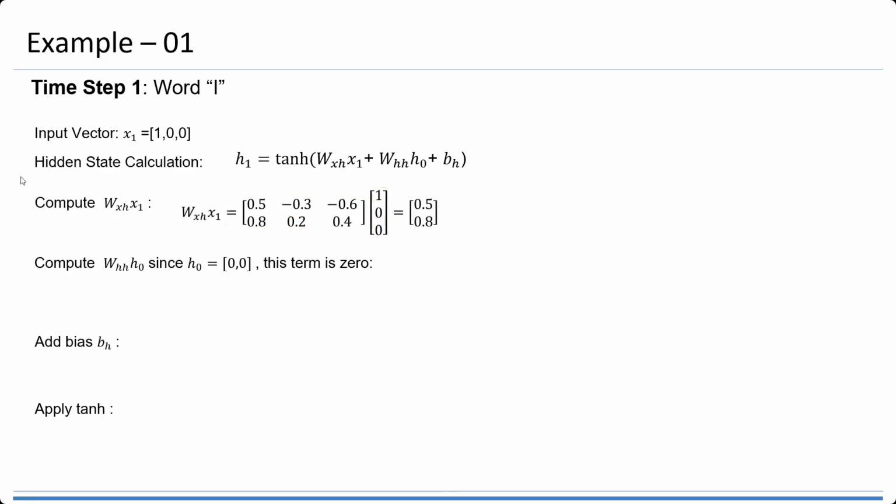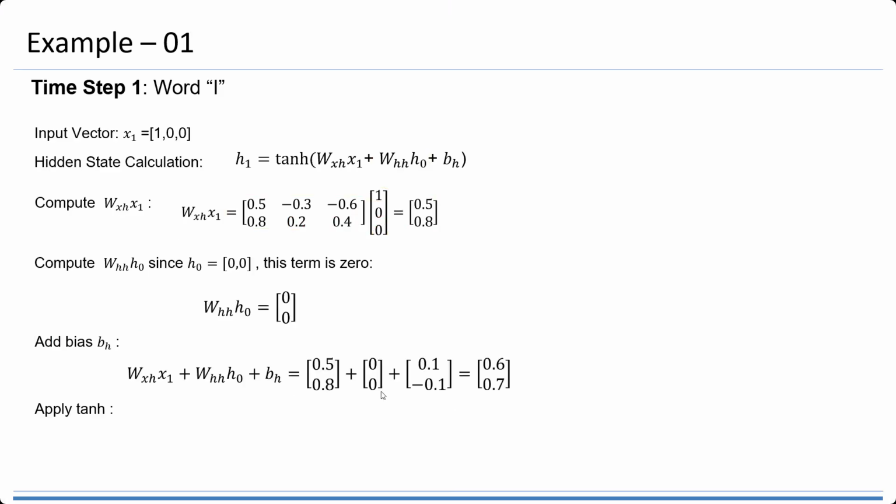Okay, so actually this value is correct, but I made a typo on this matrix. And then you can get the other calculations. In this case, you can calculate the W with the h0, and then you can add the bias. At the end, we got Wx plus W h.